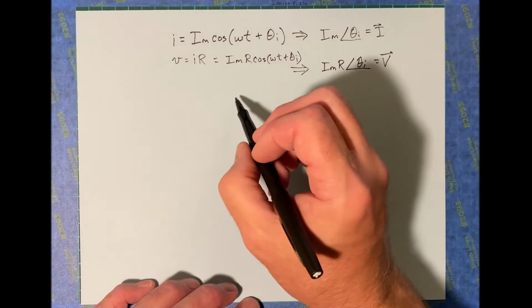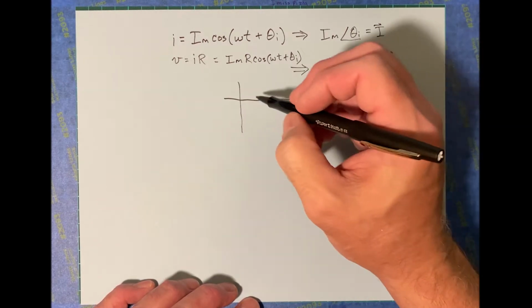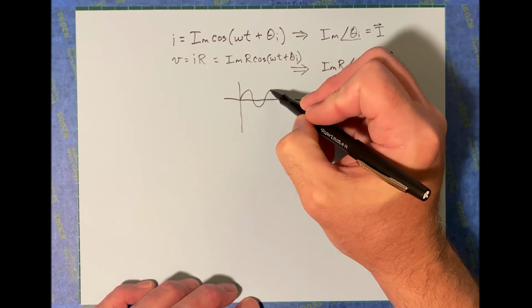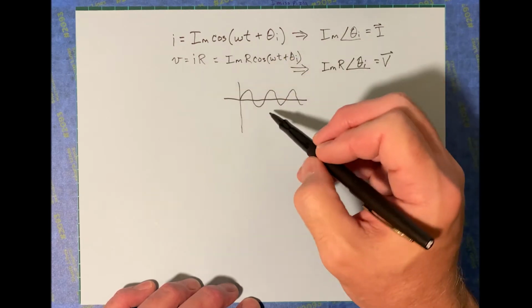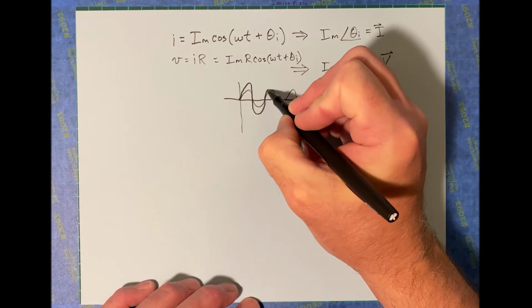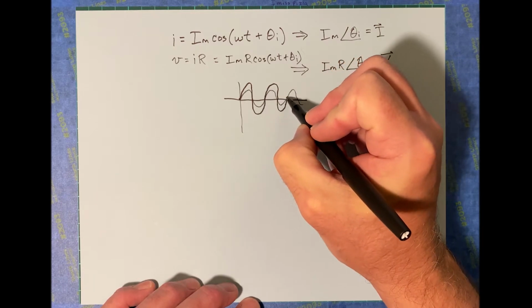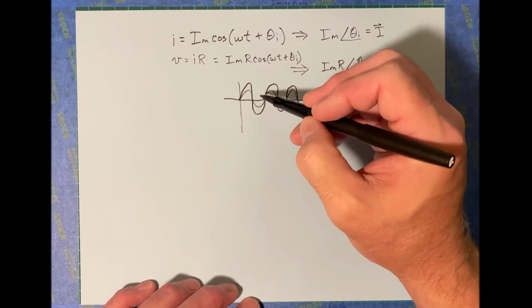What that means is that if you were to plot one of those, let's say it follows some sinusoidal relationship here, and then you plotted the other one, it's going to have a very similar shape, maybe not the same amplitudes, but the minima and the maxima occur at the same time.